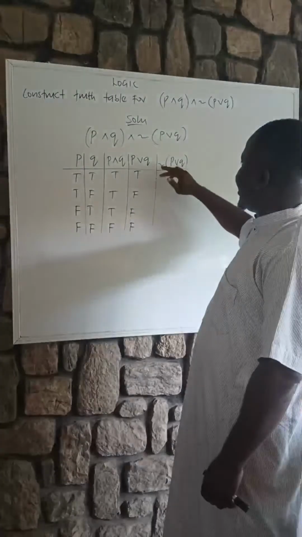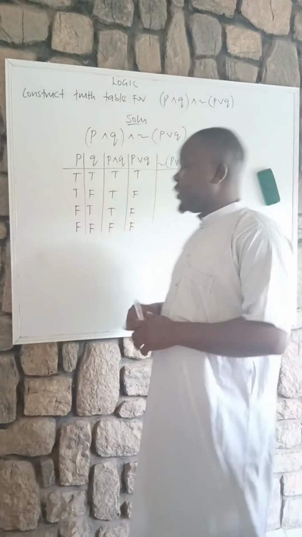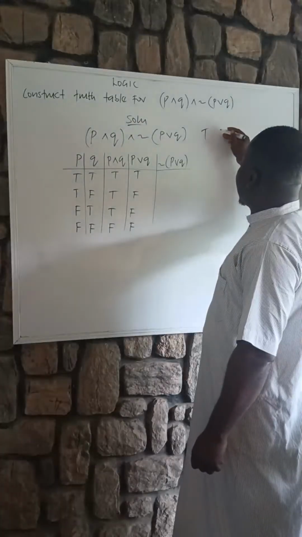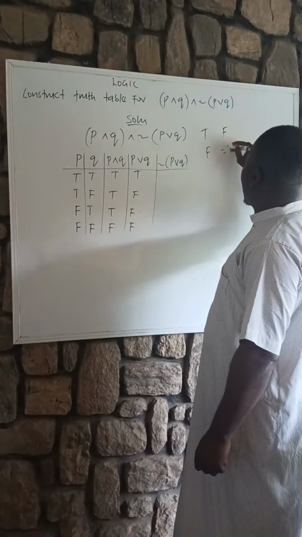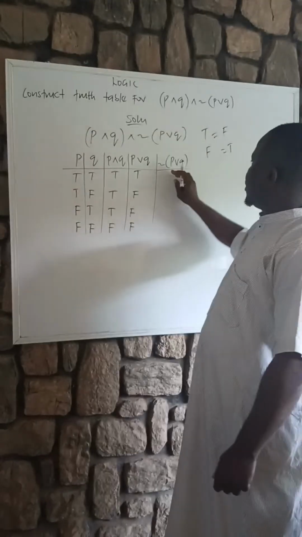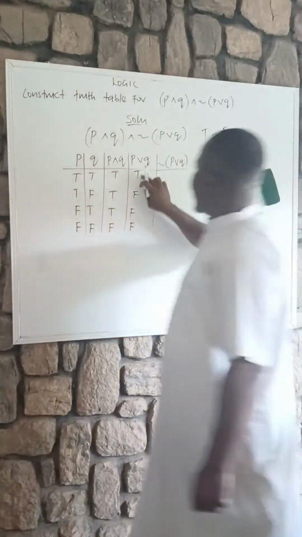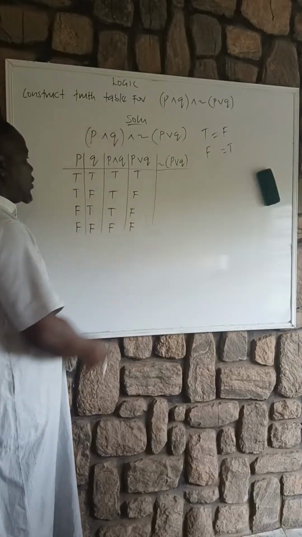It's okay. So, negation. I mentioned earlier that when we say negation of T, it means F. Negation of F, it means what? T. So take note. We are talking about negation of P conjunction Q, so here we'll be looking at this column.